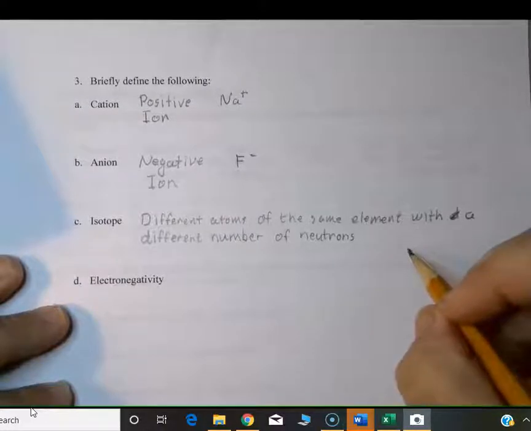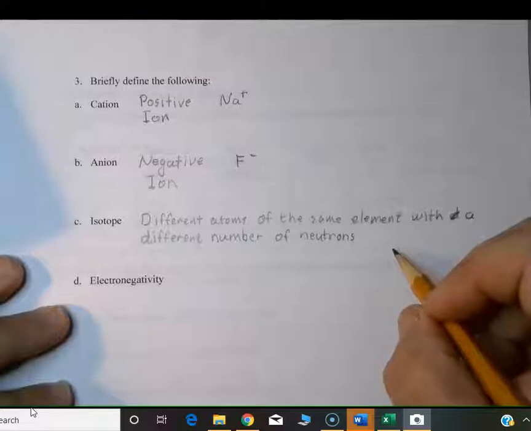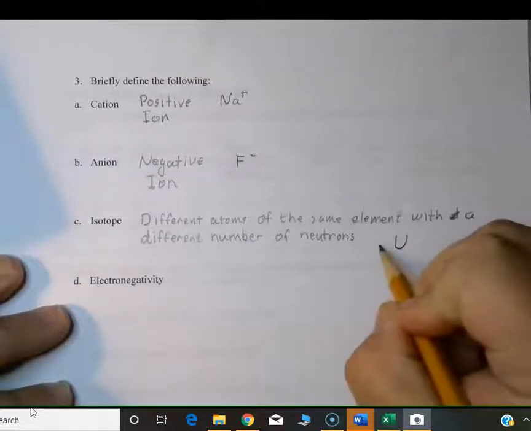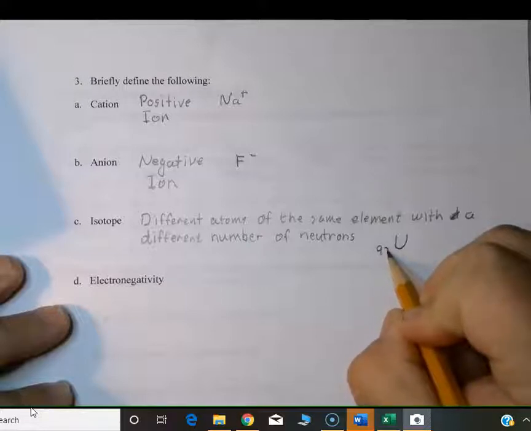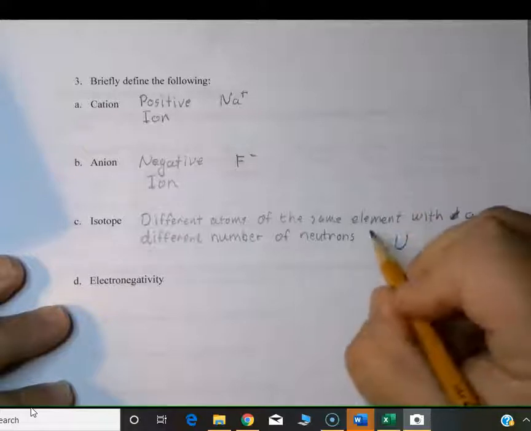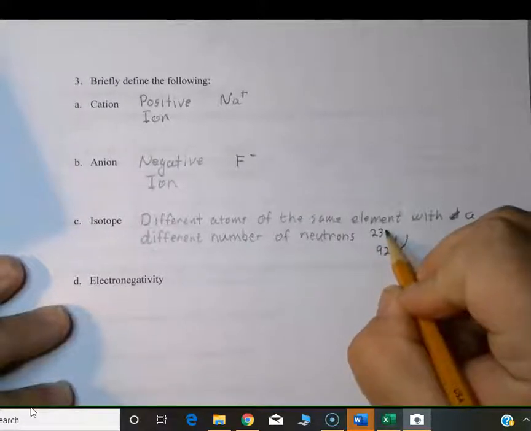Okay, so we can talk about, for example, uranium. Remember the isotope notation is you put the atomic number on the bottom. So 92 is uranium, it has 92 protons, and then there's uranium-238. These are both very famous from nuclear power and nuclear energy.